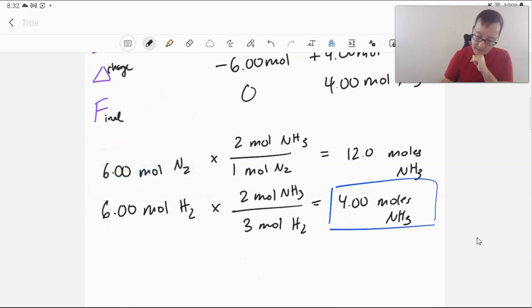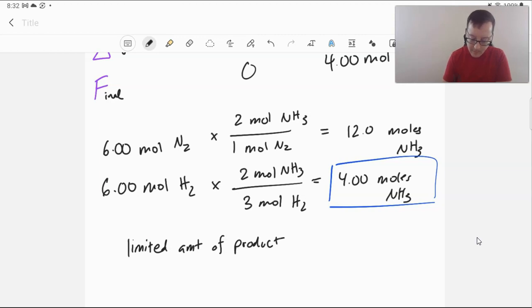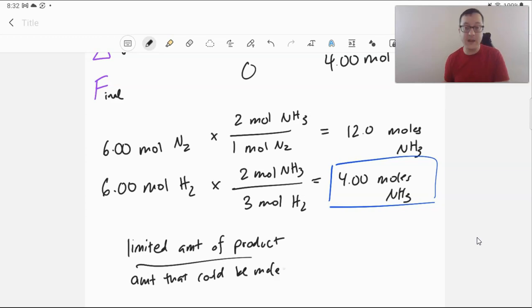If you take the amount you did make, I'm not going to say actually because we're going to see that in another video, amount that is limited over your amount that could be made using your reagent.